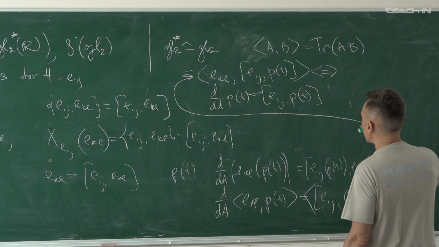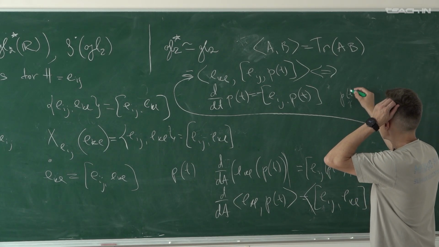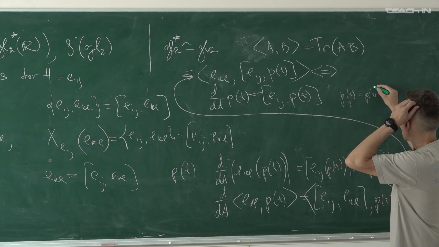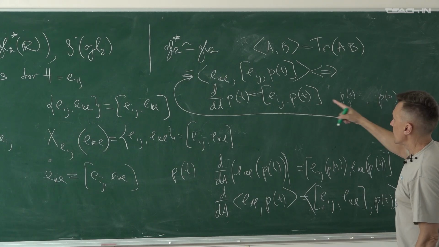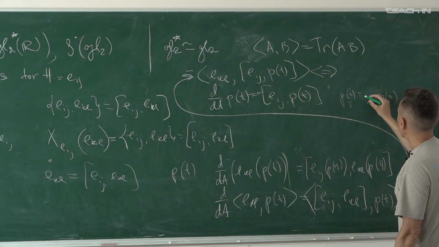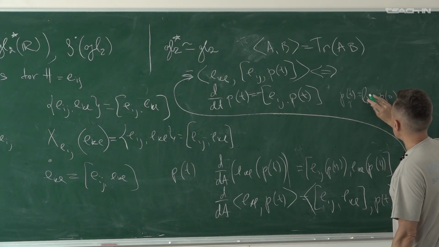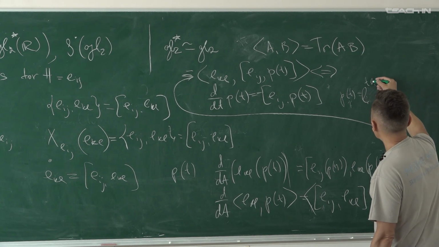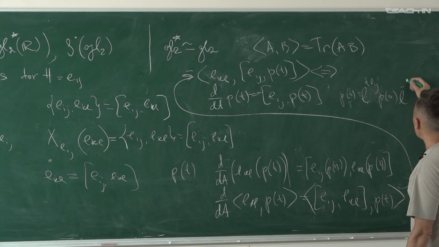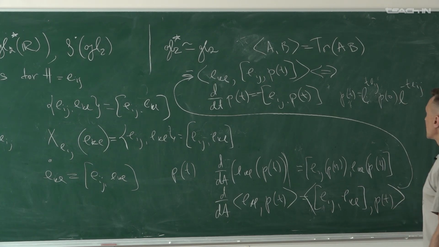But the solution in this case is the following: P of t is P of 0 with the conjugate action of the exponential of t E_ij, e to the minus t E_ij.